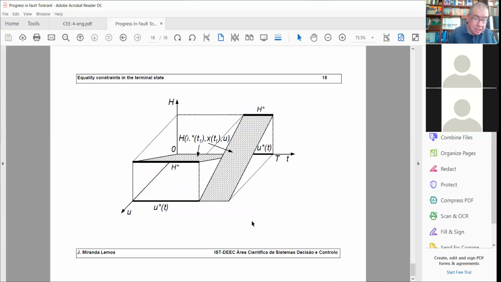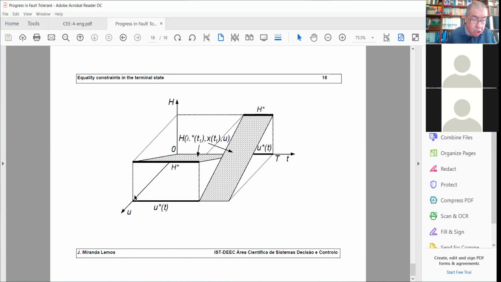So what happens is that in this case, the Hamiltonian is a straight line. So look, for instance, for t equal to 0. The Hamiltonian starts at the origin and goes up to the vertex here. And so when time progresses, the Hamiltonian is always this straight line. And the maximum of this straight line between u equal to 0 and u equal to u bar is here.